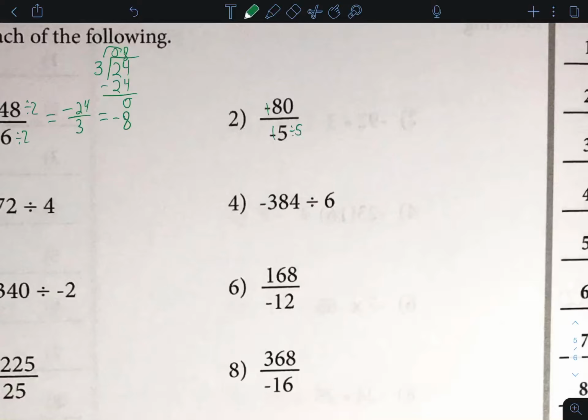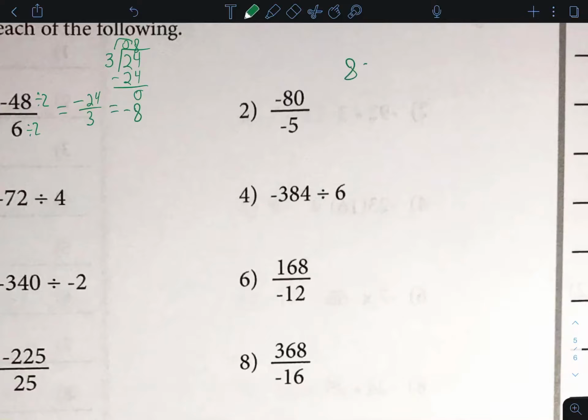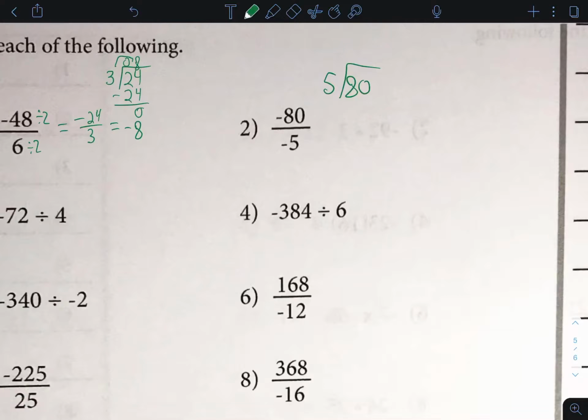I could divide 5 into 5, and I could divide 80 by 5. But that's the same thing as just doing 80 divided by 5. 5 fits into 8 once. You're going to have a 3 remaining. So 5 fits into 30 6 times. So the answer to this one is 16.